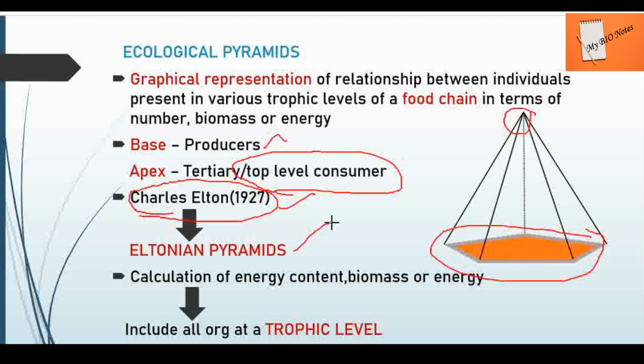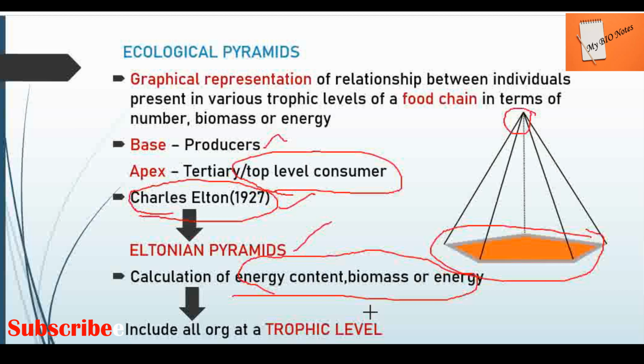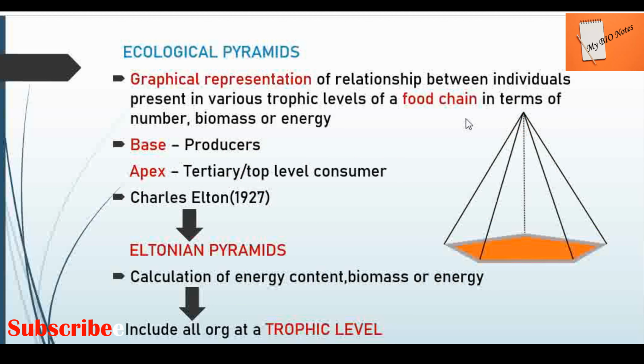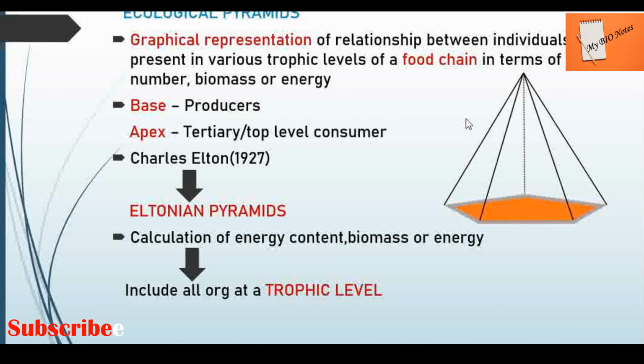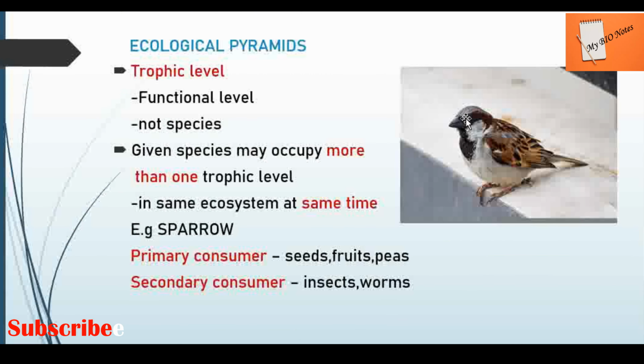And if you want to calculate the energy content or biomass in a particular ecosystem, you must include all organisms at a trophic level. You must not skip any. Keep that in mind while considering ecological pyramids.